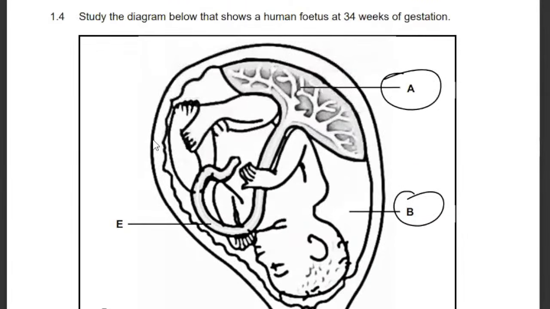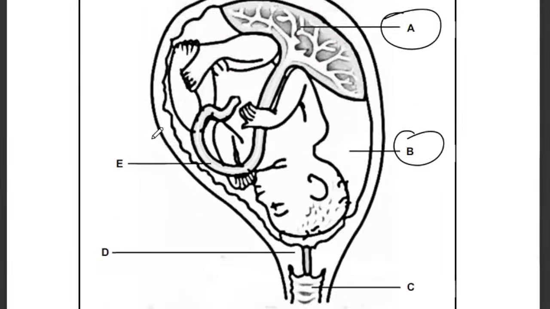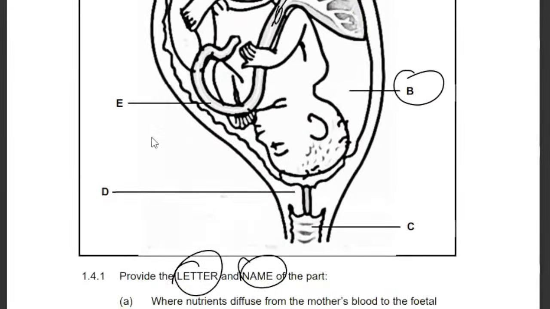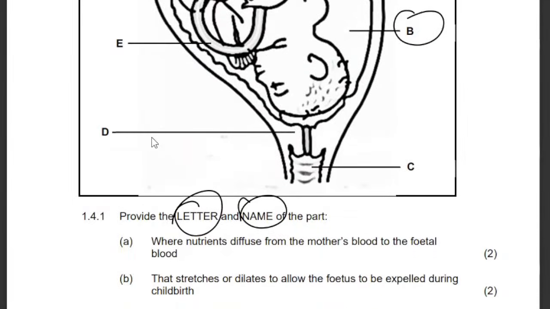So the nutrients diffuse from the mother to the fetus here. So it means that is A, and then the answer is placenta. And they are saying that they stretch or dilate to allow the fetus to be expelled during birth. It is the cervix. However much even the vagina stretches, this one stretches more than the vagina.